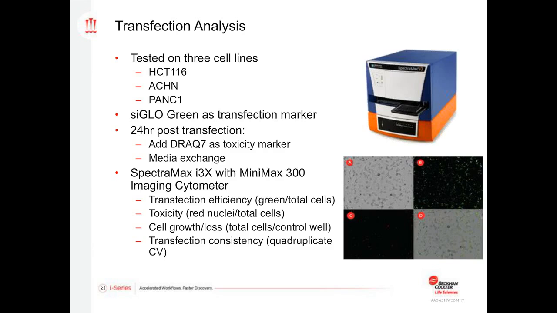We also looked at toxicity, so the number of red nuclei divided by the total number of cells. We looked at whether we had either inhibited cell growth or whether we had lost any cells during our media replacement by comparing our transfected wells to our untransfected wells in the bright field images. And then we also looked at transfection consistency by looking at the CVs across our quadruplicate wells.